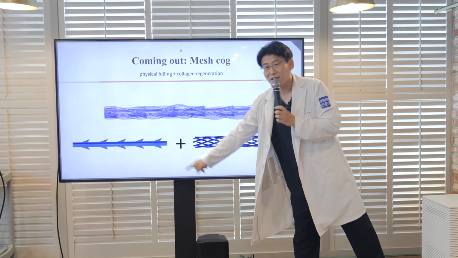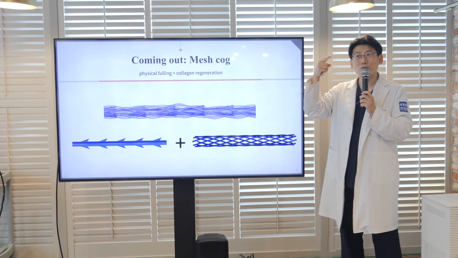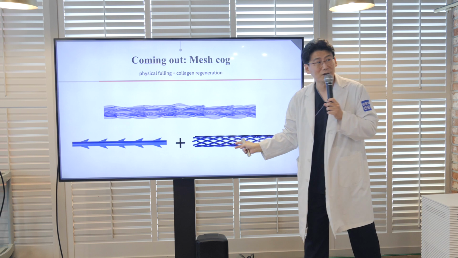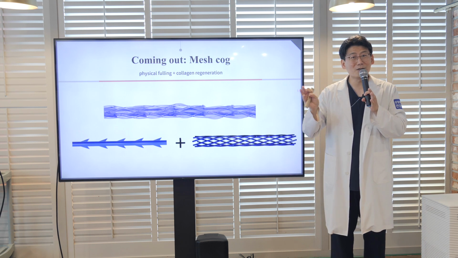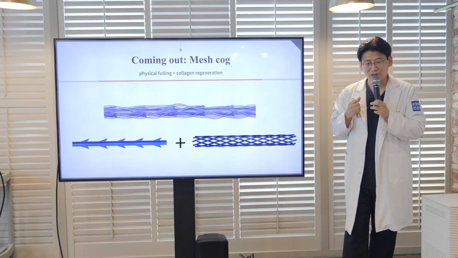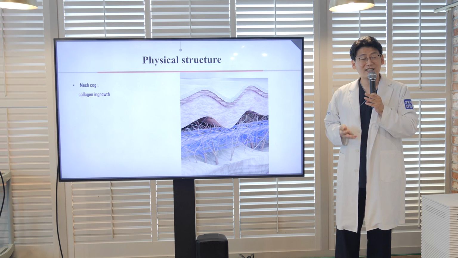Once the anchor of the sculpted cog bites the tissue, the tissue will grow into the gap of the scaffold. Then the delayed anchoring failure will be prevented. So I do believe that this thread is the most advanced one yet.